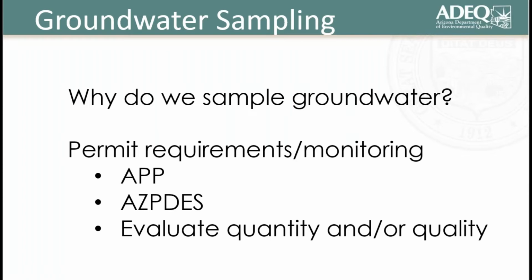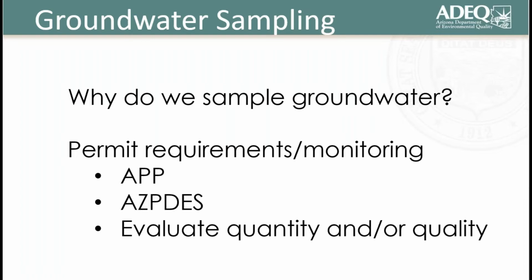So, groundwater sampling. Why do we sample groundwater? It could be for permit requirements, monitoring, the APP, the Aquifer Protection Program. We require groundwater monitoring down gradient from wastewater facilities and mining facilities.